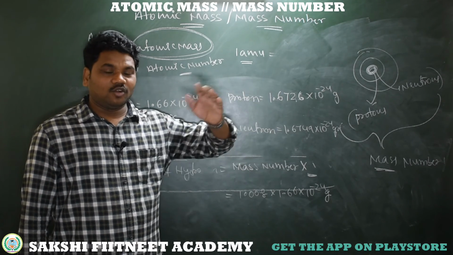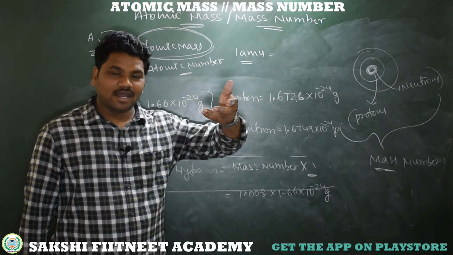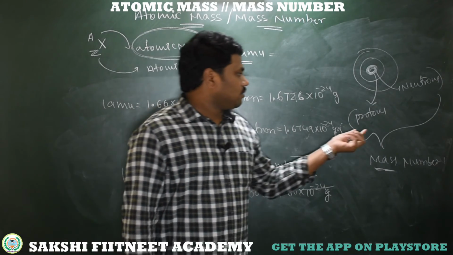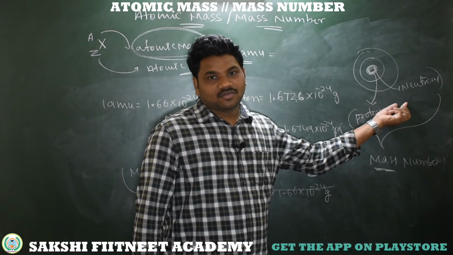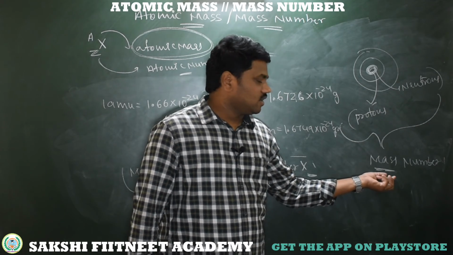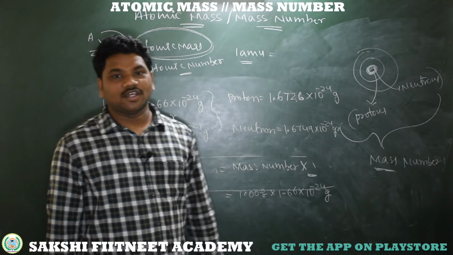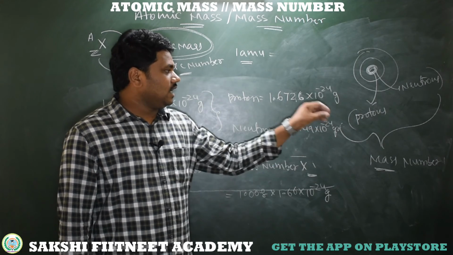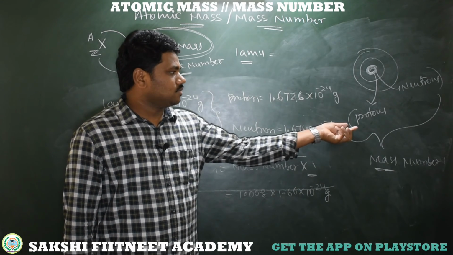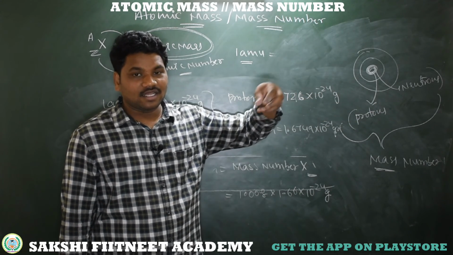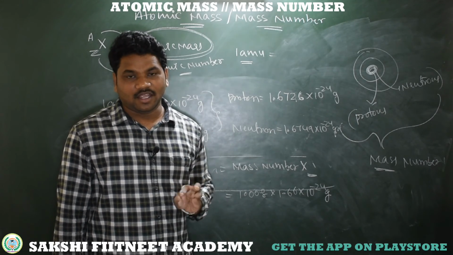So instead of comparing with 1/12th part of carbon mass, we can take protons plus neutrons as the mass number of that particular atom, because each particle, whether proton or neutron, we consider as 1 AMU.